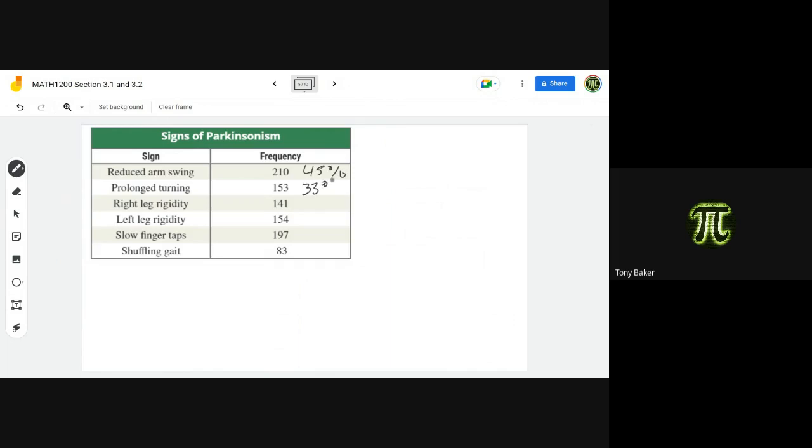It's 33%. Aren't percentages supposed to add up to 100? It's going to be one of the questions I'm going to ask in a second.